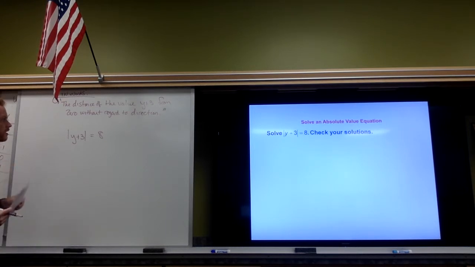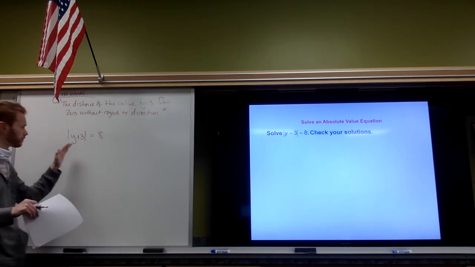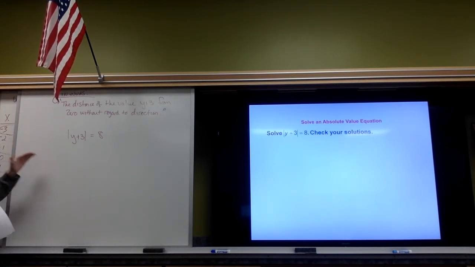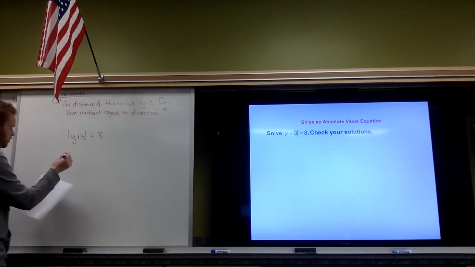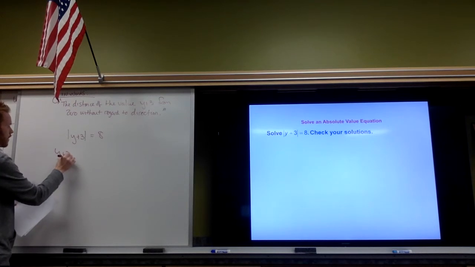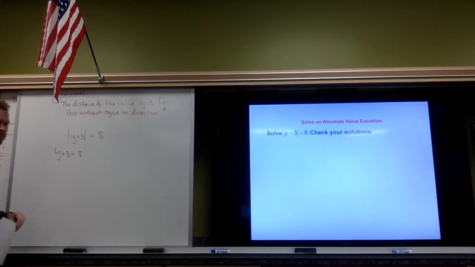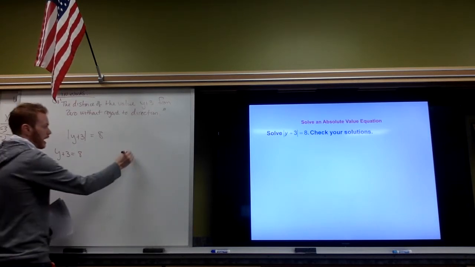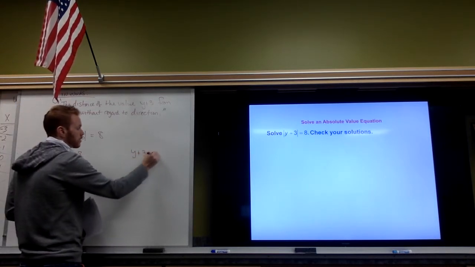Okay? So, how do we approach this algebraically? Well, we already know from the graph and what it looks like visually that we technically have two problems here. We have y plus 3 equals 8, a distance of just a normal 8. And we also have this expression equal to -8.